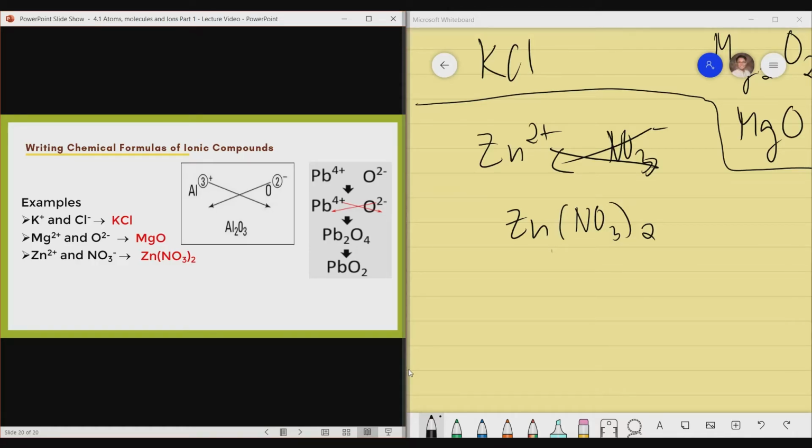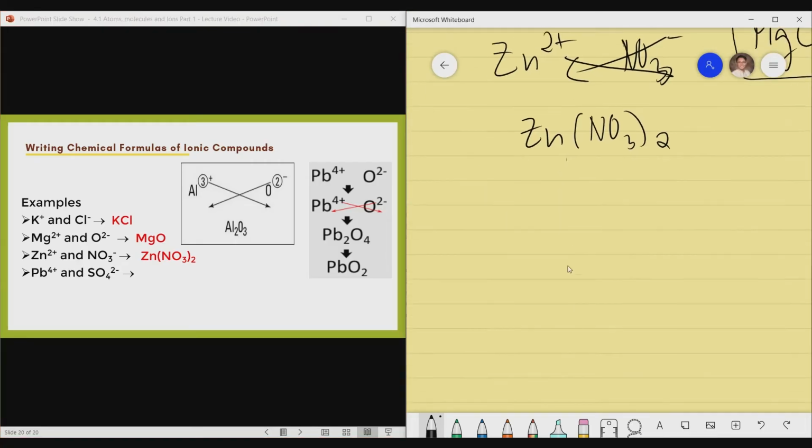You don't need to distribute the subscript 2 sa NO3, kasi nga grupo tong NO3. Dahil grupo yan, lagyan mo lang ng parenthesis. Hindi mo kailangang i-distribute yung 2 sa N at sa 3 ng oxygen. So, zinc, NO3, then 2.